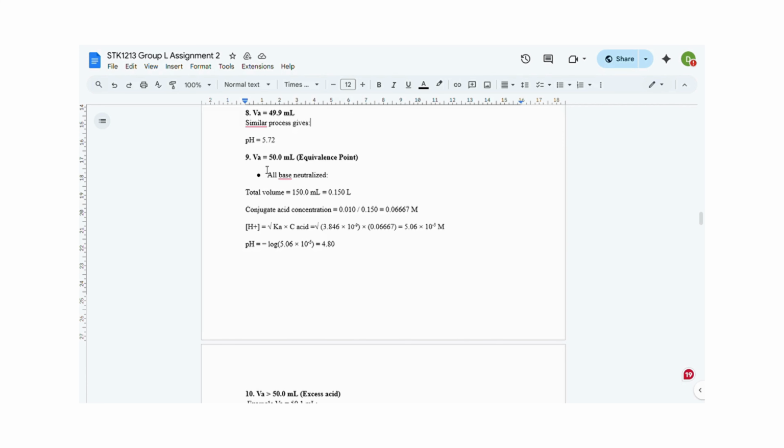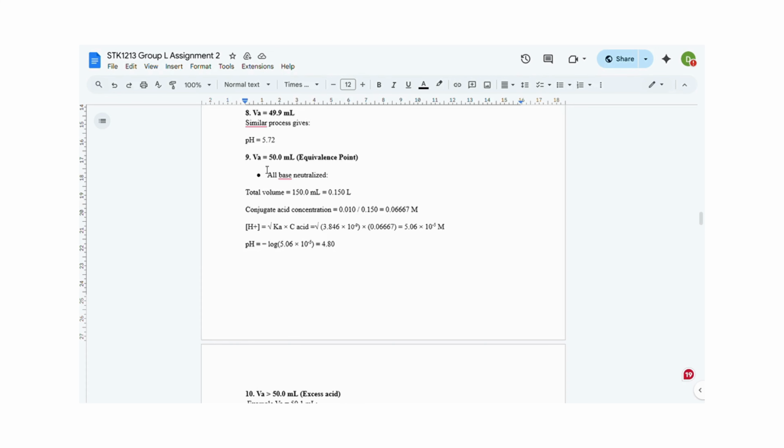Here, all base is already neutralized, and the total volume is 150, which is 100 plus 50. Then we can just calculate the conjugate acid concentration, which is 0.01 divided by 0.15, and we get 0.0667 mol.